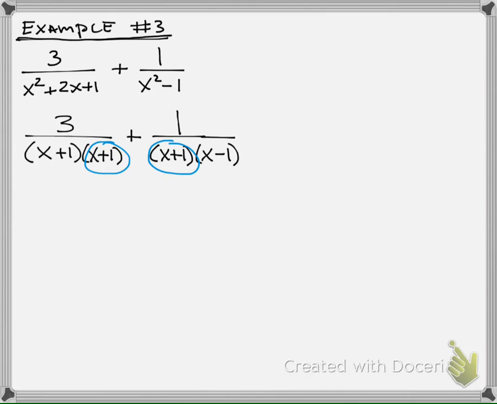So in doing that, I'm going to multiply x minus 1 to the top and bottom of the first fraction, plus the second fraction, I'm going to multiply x plus 1 to the top and bottom.